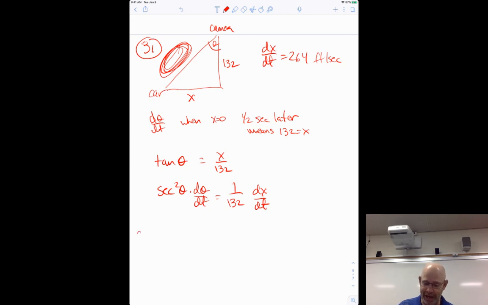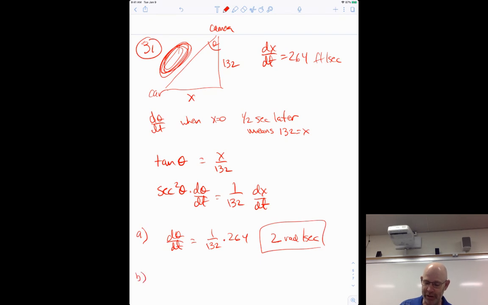For the first part, x is 0, the angle is 0, which means secant is the reciprocal of cosine, and the cosine at 0 is 1. So dθ/dt equals 1 over 132 times dx/dt, which is 264. So 2, this is an angle, radians per second.